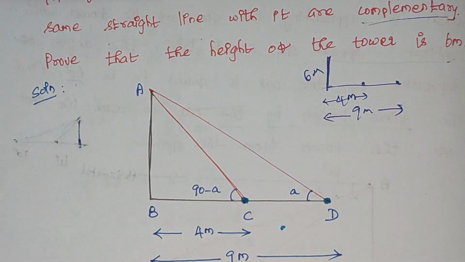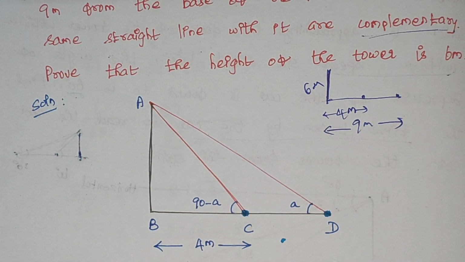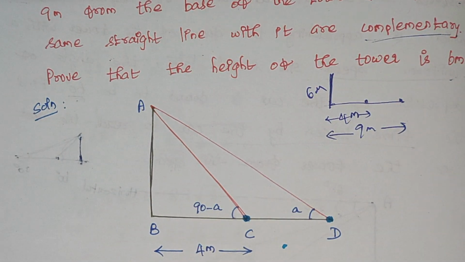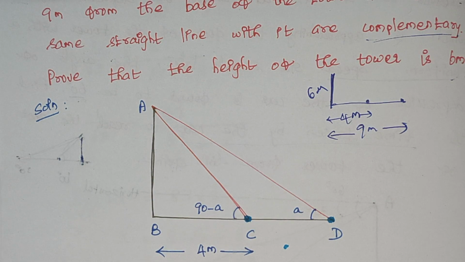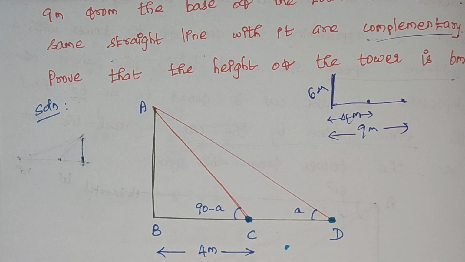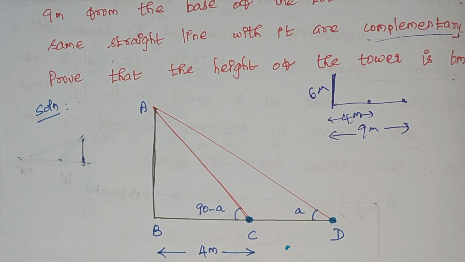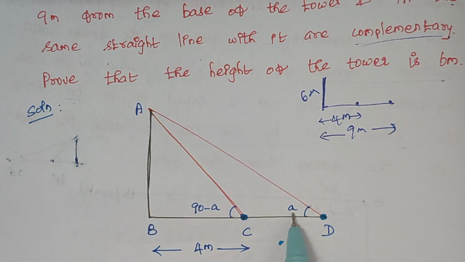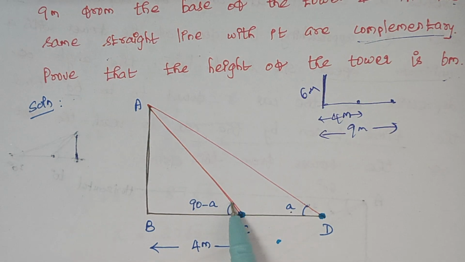So, this is the diagram, right? What do you mean by complementary? When you add 2 angles, the summation should be equal to 90 degree. That is known as complementary angles, right? Initially I am taking this angle as A. Then what about this angle?